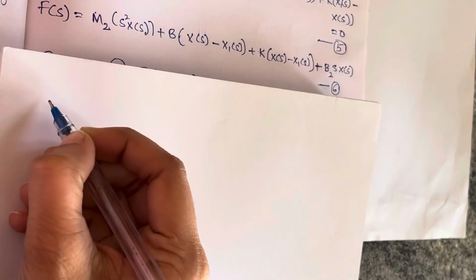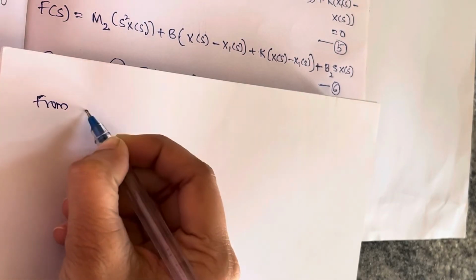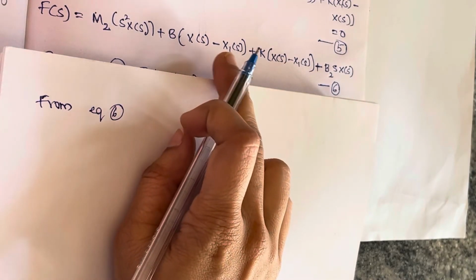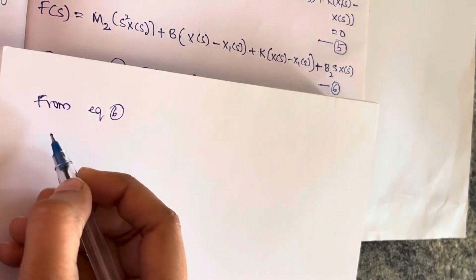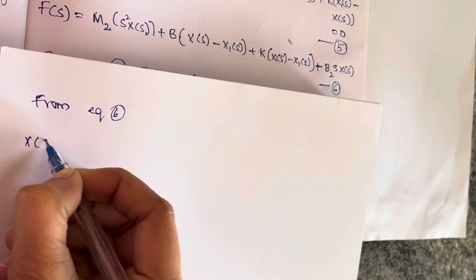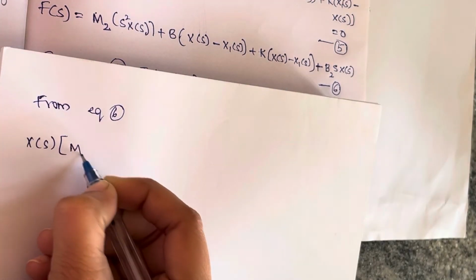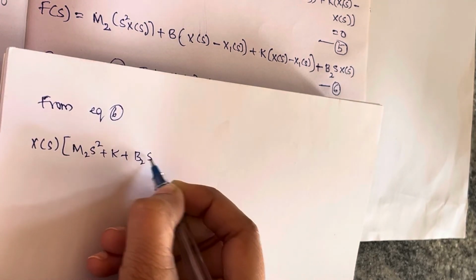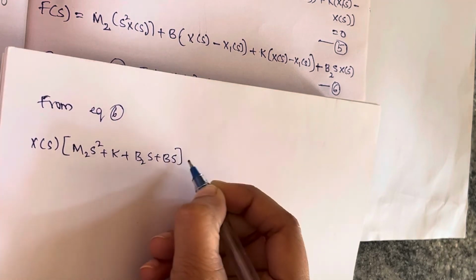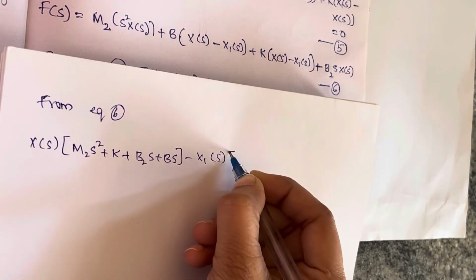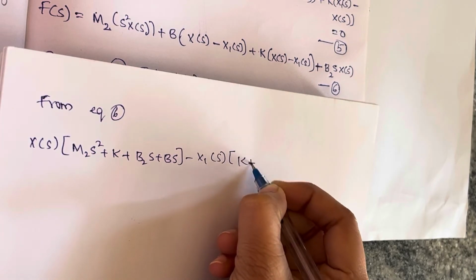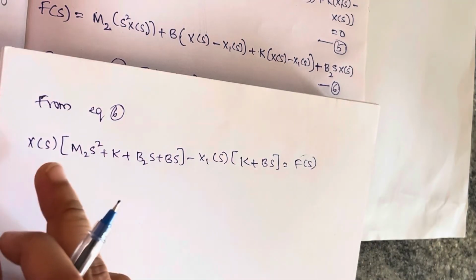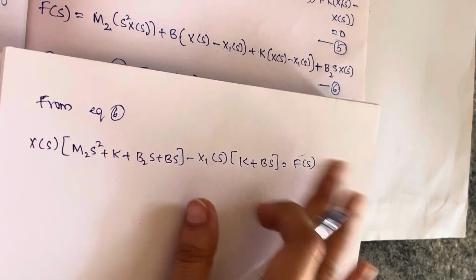Now from equation number 6, take x of s common. Then we get x of s times m2 s square plus k plus b2s plus bs, minus x1 of s times k plus bs, equals f of s. After taking x of s common, this is the term.